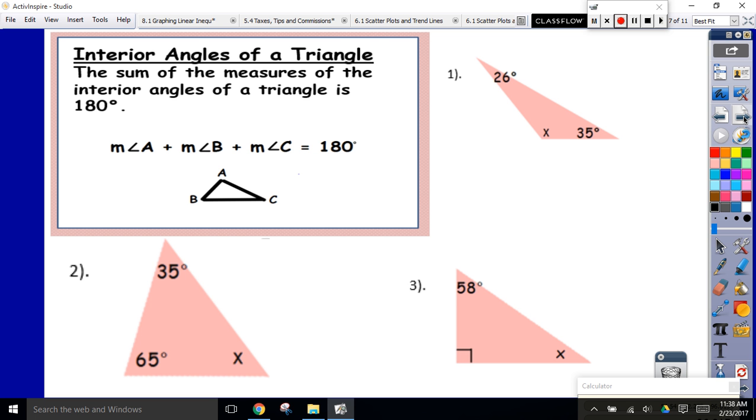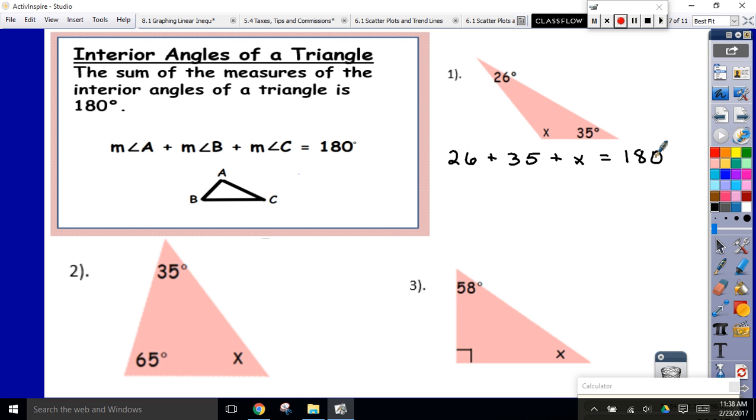Okay, so number 1, we can use equations to solve these. You can also solve the easy ones without writing an equation, but we're going to write equations for all of them. So for number 1, all 3 angles need to add up to 180 degrees. So I'm going to say that 26 plus 35 plus x has to equal 180 degrees.